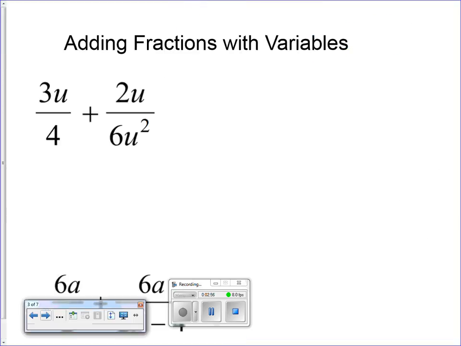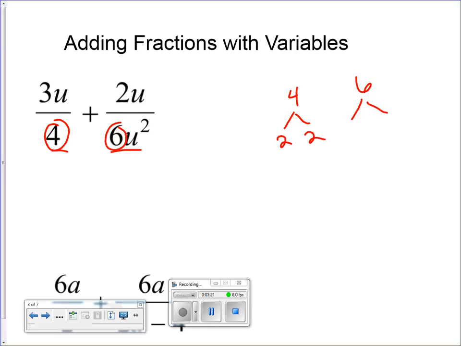Let's take a look at this first one. We have 3u over 4 plus 2u over 6u squared. We want to first think about what is the least common multiple between 4 and 6u squared. Look at the numbers first. What is the least common multiple of 4 and 6? If you're not sure how to do this, you can factor the numbers. You'll see that both of them have a factor of 2 once, so you just count that once.